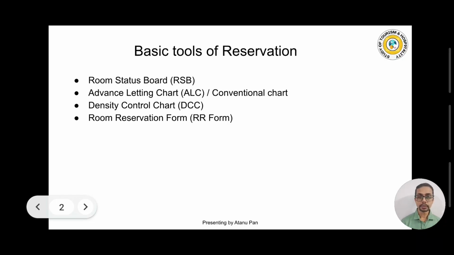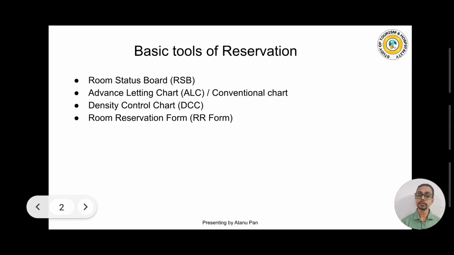Before learning about each of these tools, I'd like to inform everyone that the above three tools, RSB, ALC and DCC, are not in use nowadays because they have different demerits.